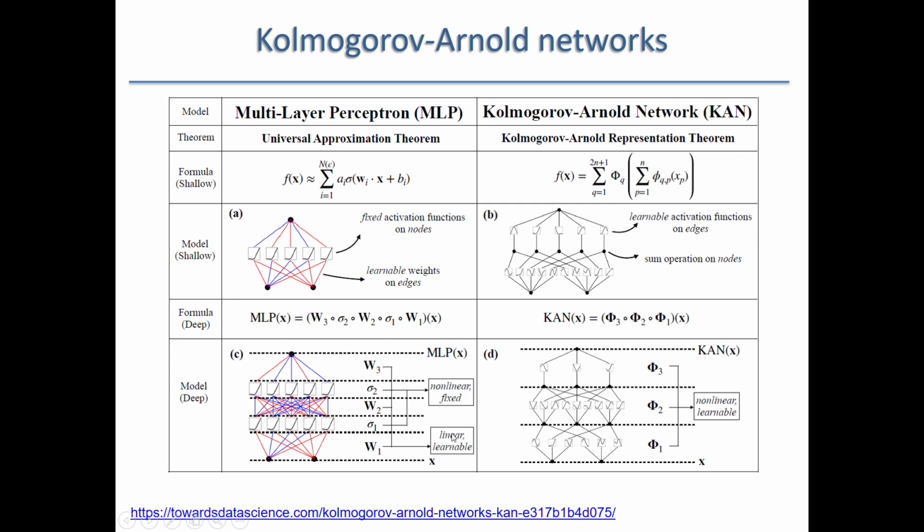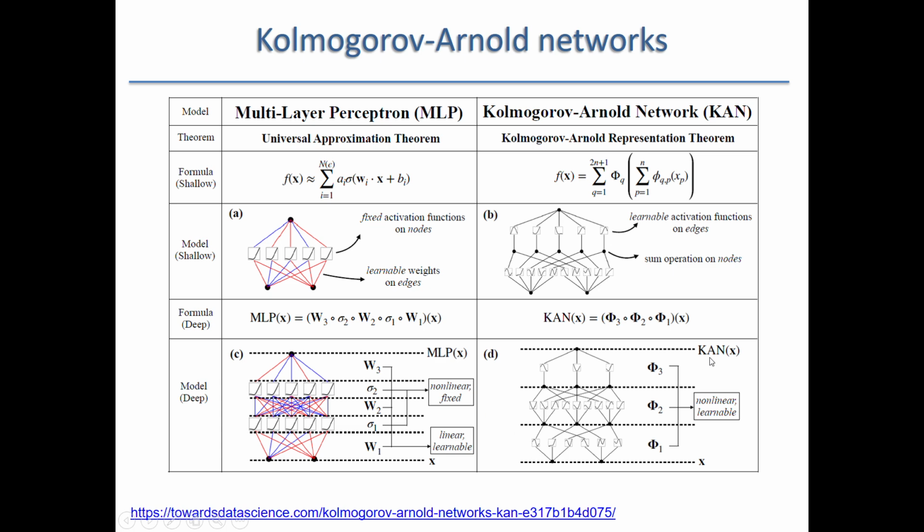If we have multiple layers, we have a linear combination of the input vectors that is learnable, and then the activation is not, and then the linear part is again learnable, the activation is not, and then the combination of this one that is learnable.